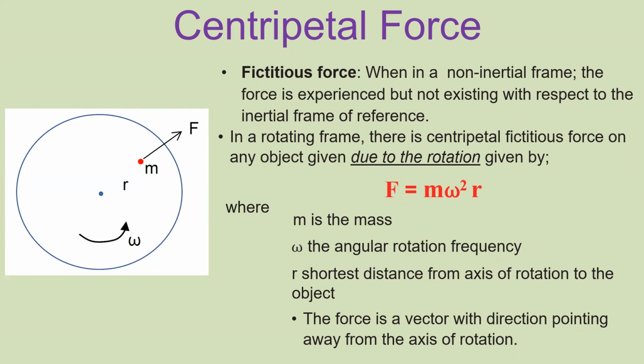Rotating means a non-inertial frame of reference. We have a definition for a force of this nature called fictitious force. Fictitious means not real. So the centripetal and Coriolis forces are said to be fictitious forces because they exist only in a non-inertial frame of reference.